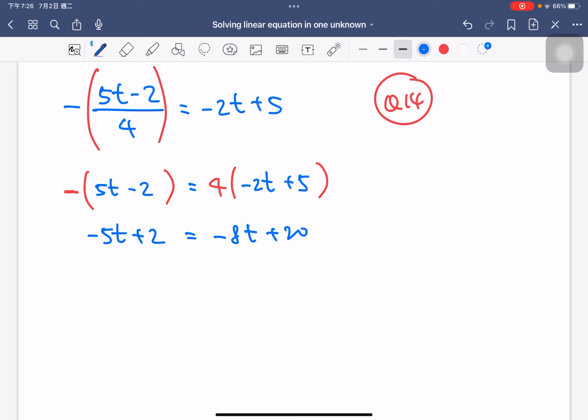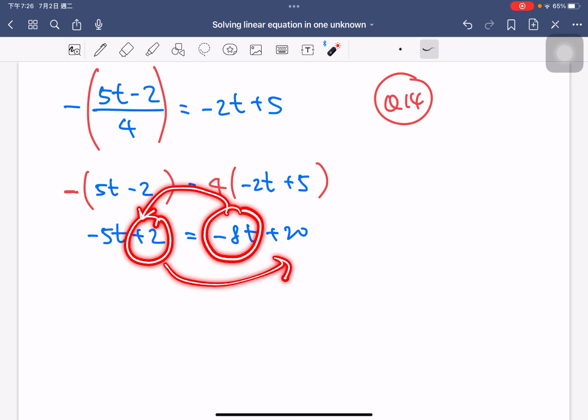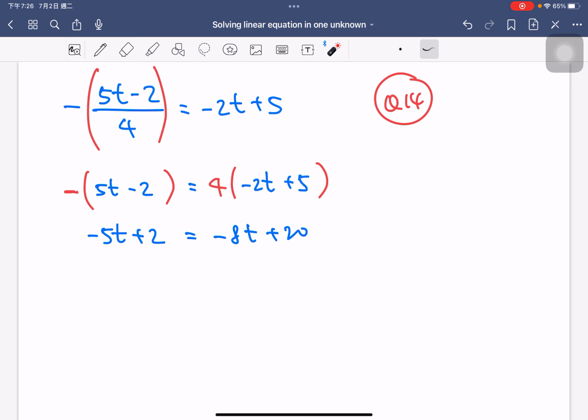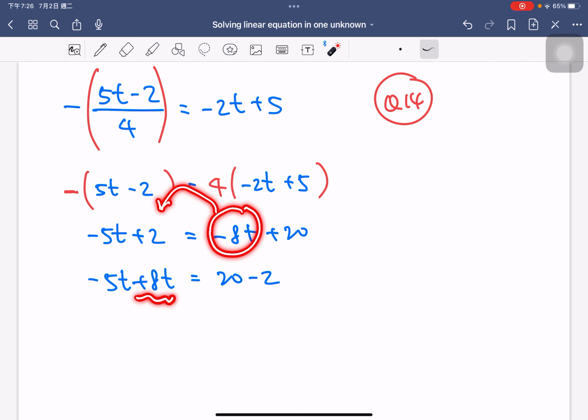Then back to rule number 1, we combine the unknowns, isn't it? So I move the -8t to the left hand side, and I move the +2 to the right hand side. Now I can write -5t plus 8t equal to 20 minus 2. Again, this is -8t, I'm moving to the left hand side, it becomes +8t.